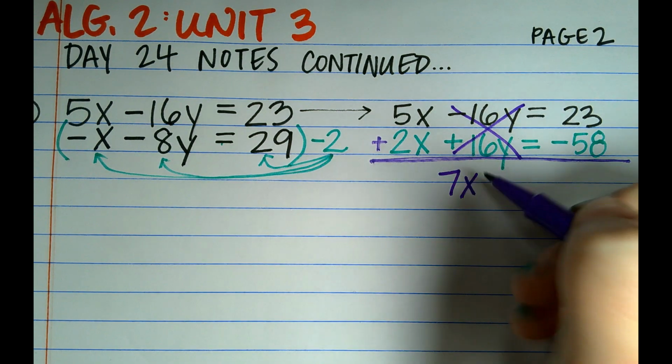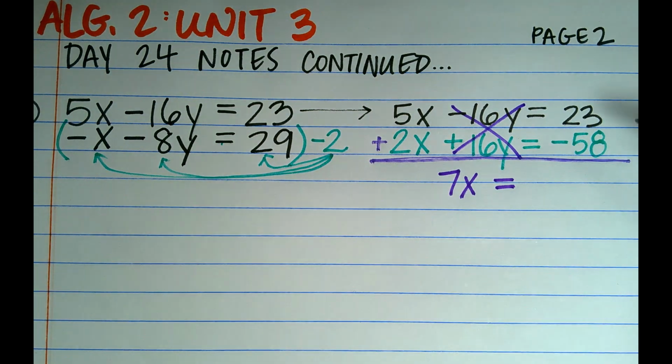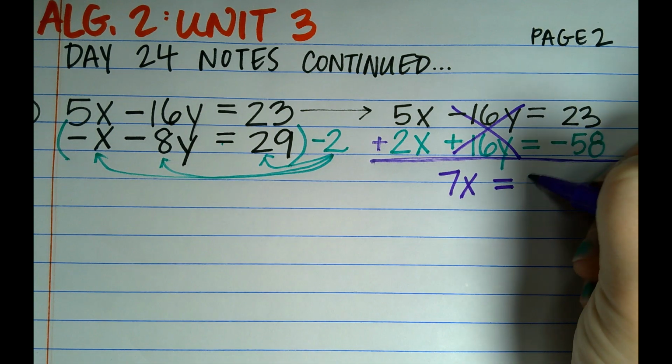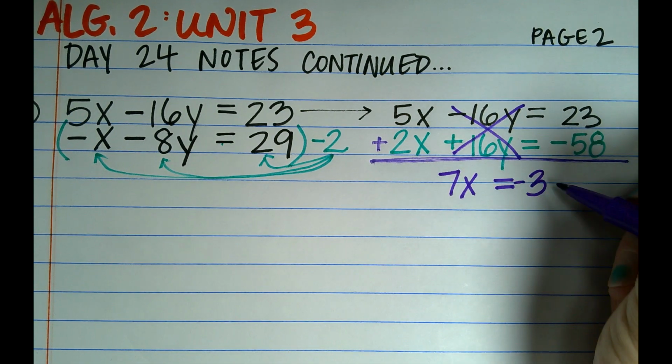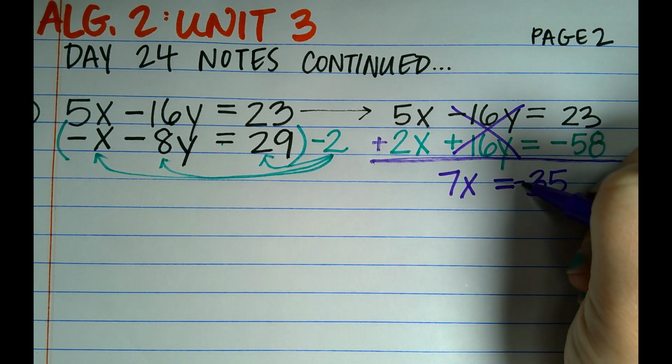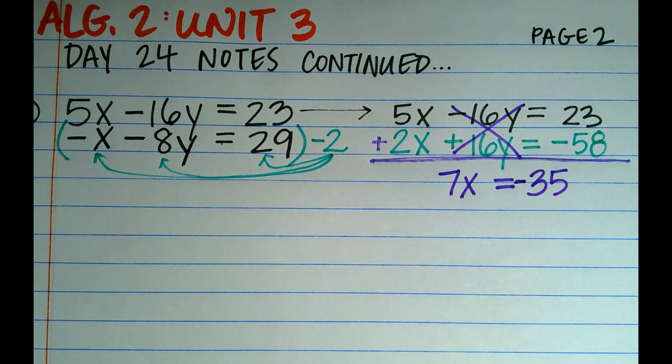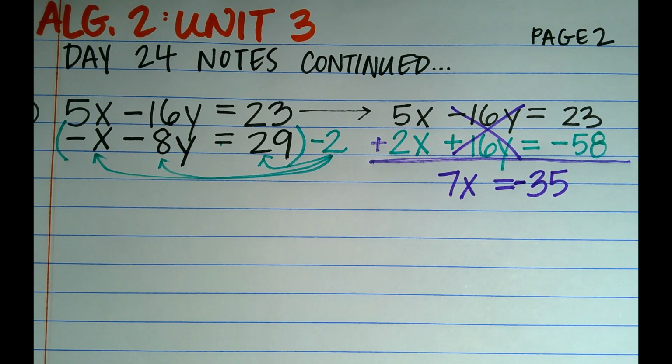I'll bring down my equal sign, and now I have 23 plus negative 58, or 23 minus 58. 35. Negative 35. Okay, perfect. So I've got 7x equals negative 35.